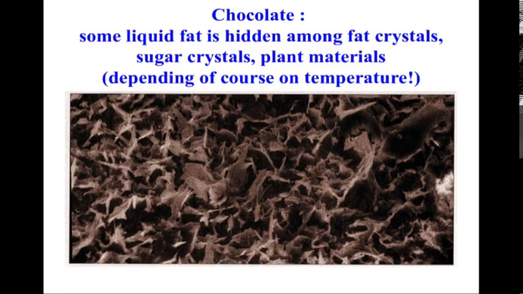Here you see only the solid part. The liquid is inside, which means that really this is a gel, because a gel means a solid with a liquid inside. Okay? So, of course, it's not only fat in chocolate. You have sugar crystals, plant material, and so on. But anyway, you see we have solids and a liquid.